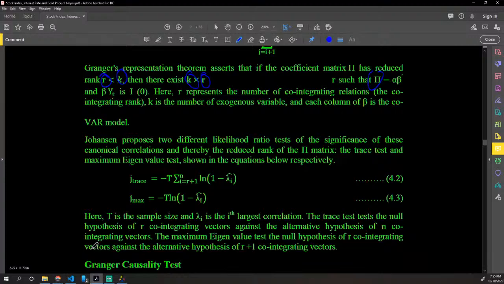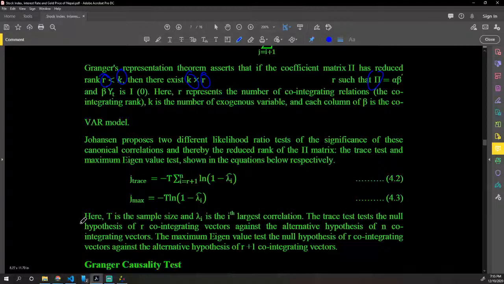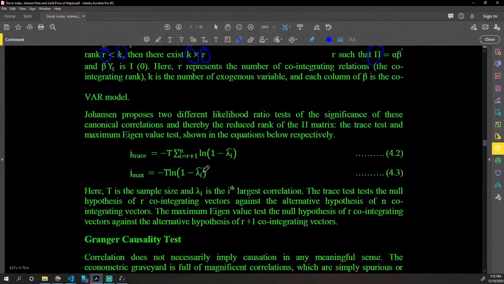So it is using the VAR model. Then Johansen proposes two different likelihood ratio tests of the significance of these canonical correlations, and thereby the reduced rank of the matrix: the trace test and the maximum eigenvalue test, in the equations 4.2 and 4.3 respectively, where T is the sample size.